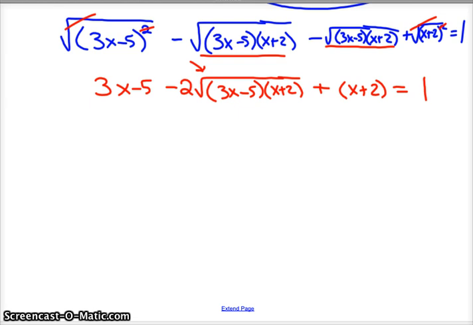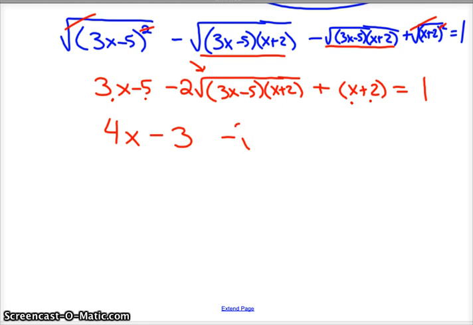But before I do, you want to get that radical by itself. So combine what you can, move everything else to the right. And so what you notice is we've got 3x and x, so that would be 4x, and negative 5 and positive 2, and that would be minus 3.